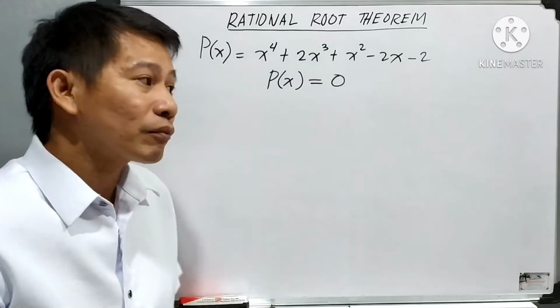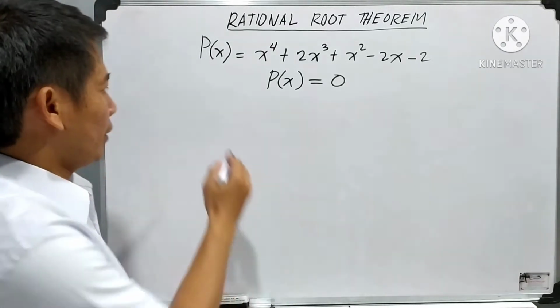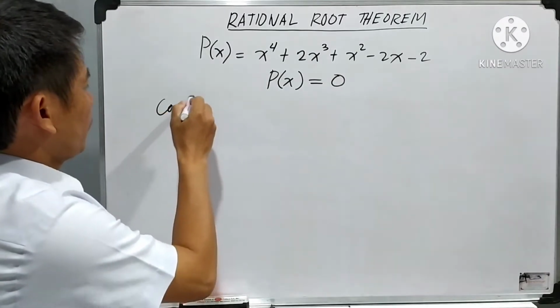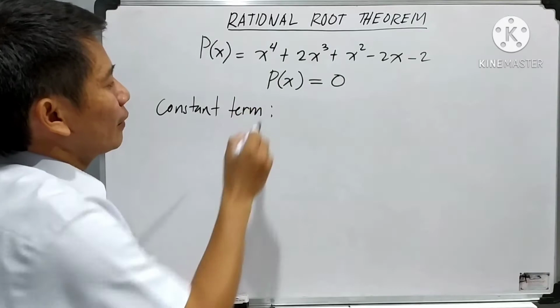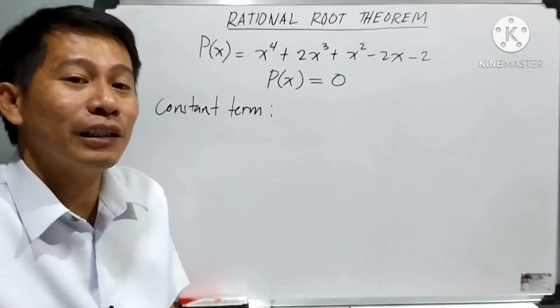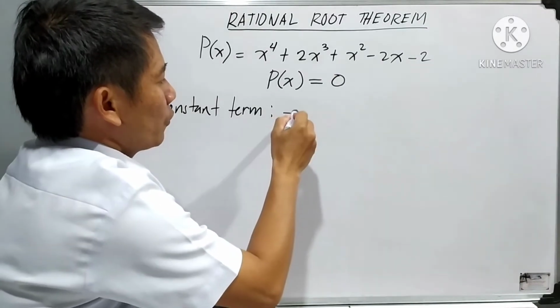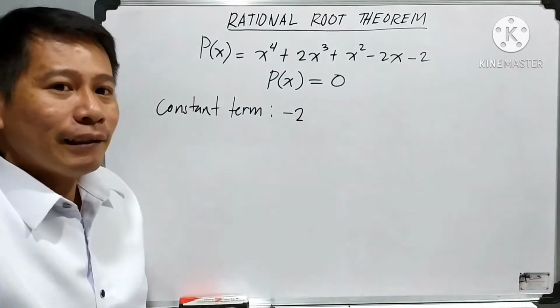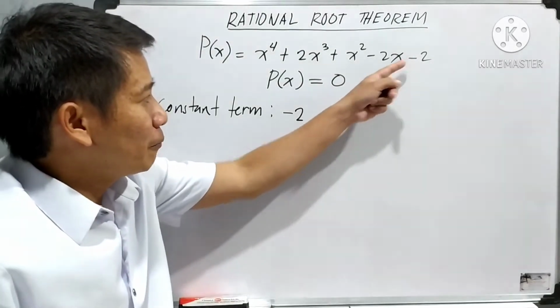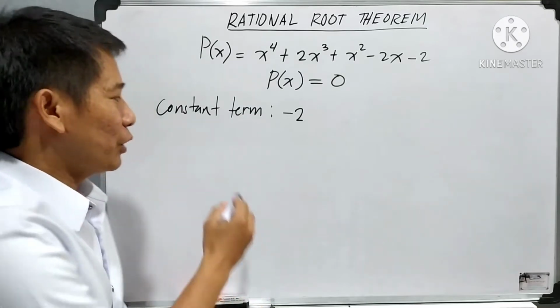Okay, first, you will take the constant in your given polynomial. So, we will get the constant term in our given polynomial. And our constant term is negative 2. That is the constant term. And aside from the constant term, we will also take the leading coefficient.